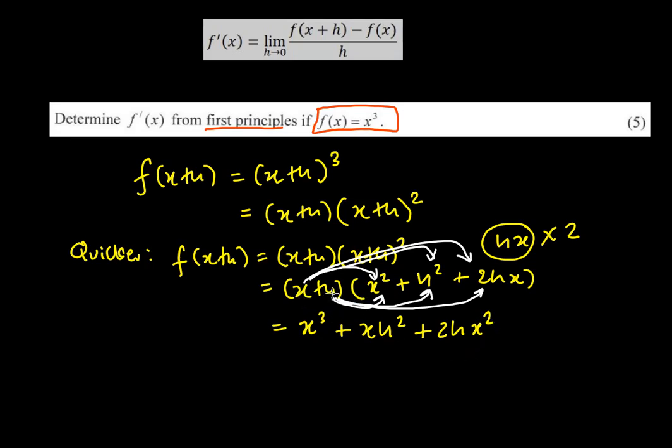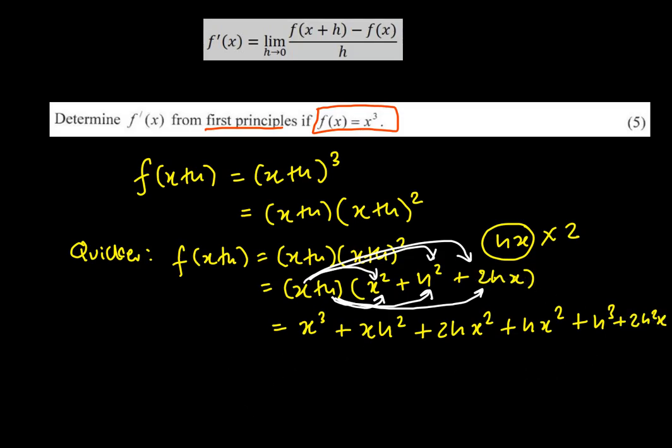And then here I'm gonna say h times x squared, that would be h x squared, and then h times h squared, that would be h cubed, and then h times 2hx, that would be plus 2h squared x, because h times h is h squared, and then we have 2 and x, that's why we wrote it like that.